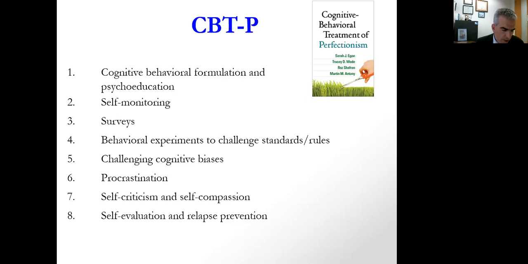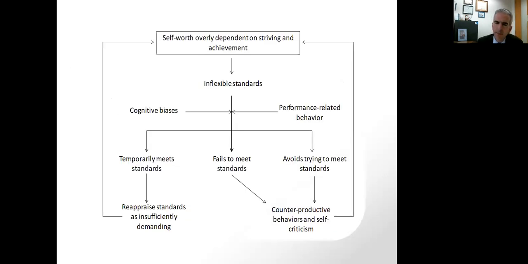Number one would be a cognitive behavioral formulation about perfectionism and about rigidity. Let me show you what that would look like. My colleagues Egan et al. conceptualize perfectionism as starting with the idea that one's self-worth is overly dependent on striving and achievement.